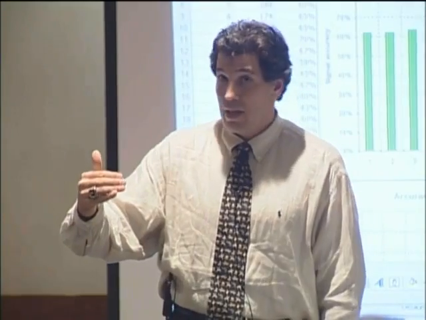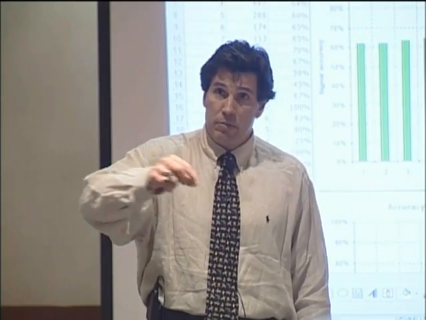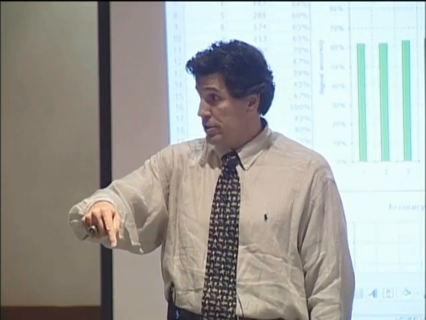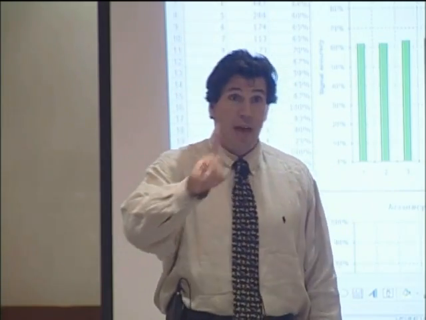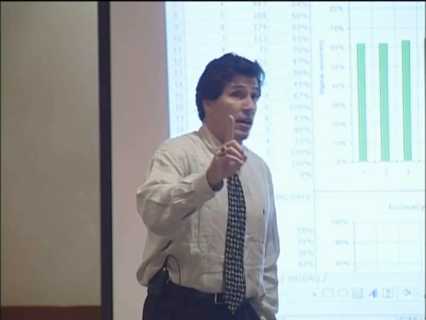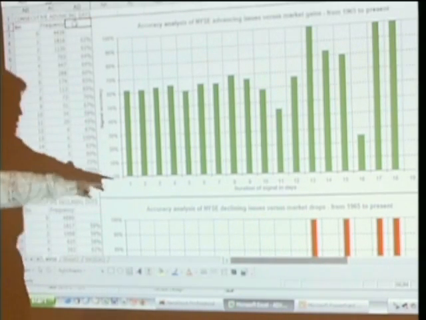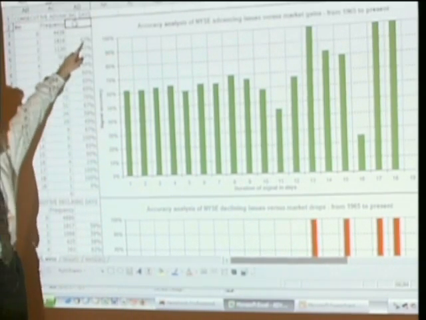And then the next day on Friday, it reversed from decliners beating advancers to advancing issues beating declining issues. Everybody follow that? We would call that the first day of advancing issues beating declining issues. So Friday's day one. What's the likelihood that the market will be up on Monday, day two? And here it is, it's 62%.